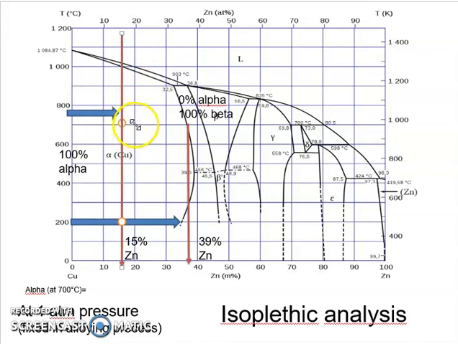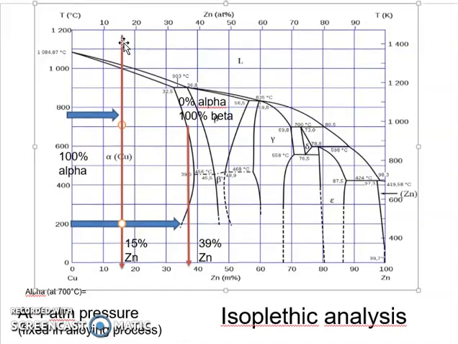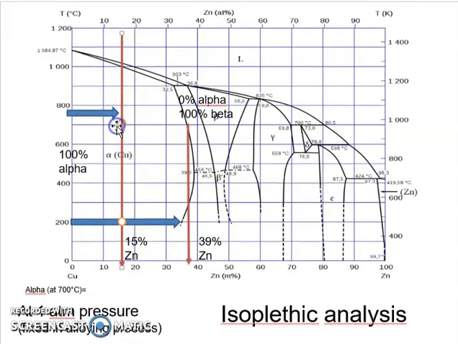So the solidification occurs passing from the liquid to the solid, and then crossing all the phase lines.